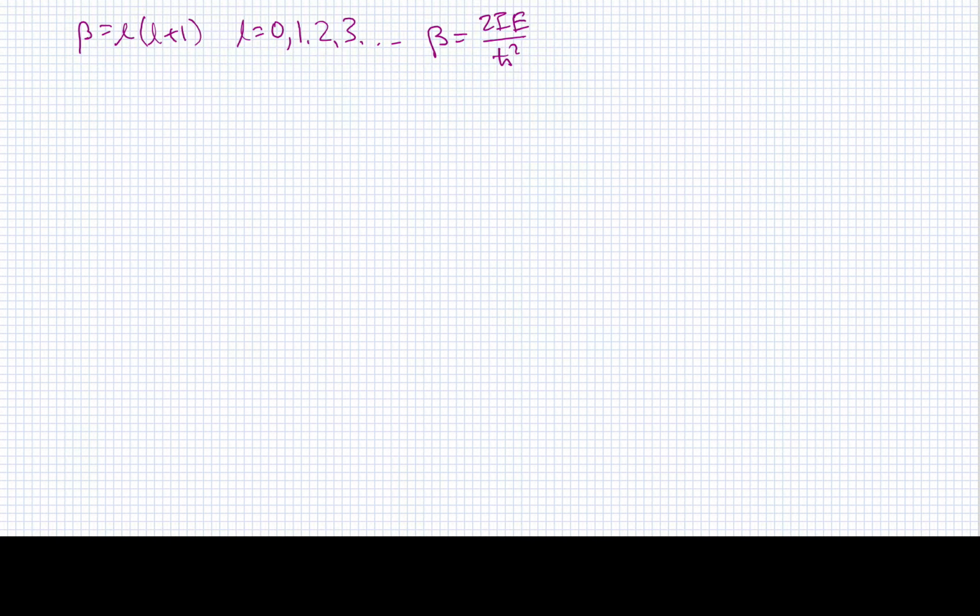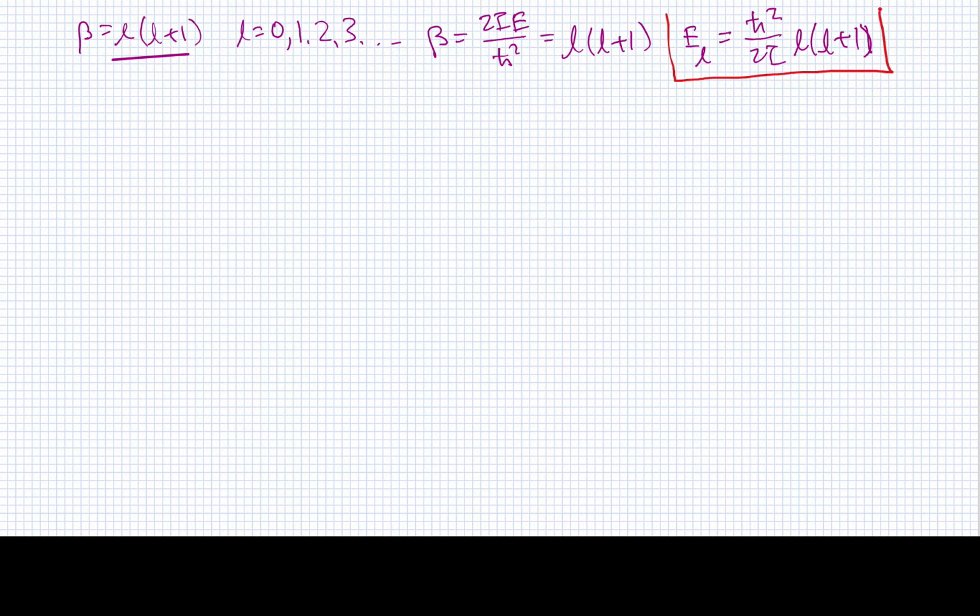So now if I set this equal to L times (L plus 1), it means that my energy levels, E sub L, are going to be h bar squared over 2I times L times (L plus 1). And these will now be the energy levels of our rigid rotor model system.